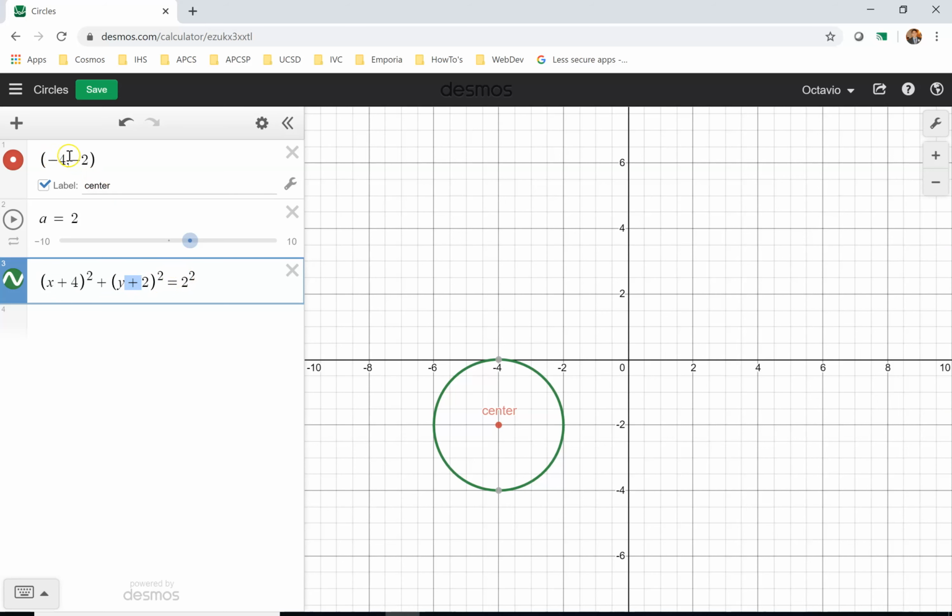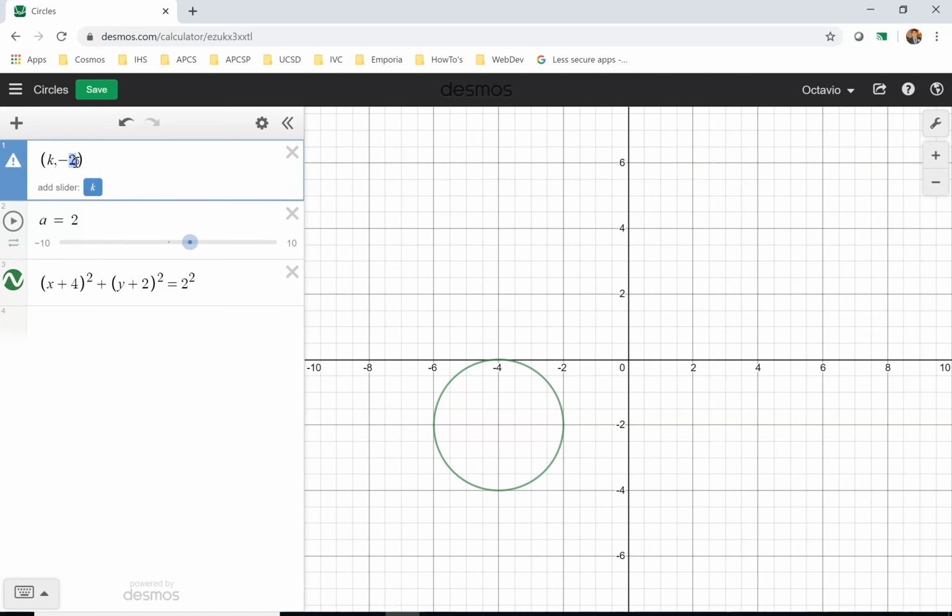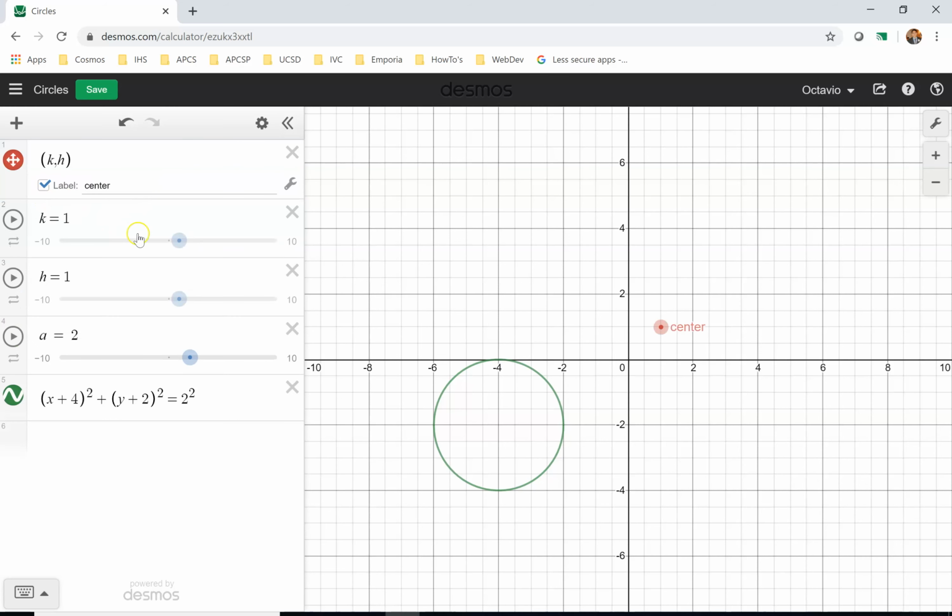Now let me again introduce some variables here. Instead of -4, I'm going to put a k, and instead of -2, I'm going to put an h, and I'm going to add a slider for both of those. So notice how it just gives them an initial value of 1 and 1, and I can make those numbers bigger or smaller, and it moves the point.